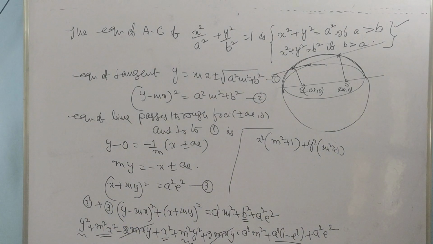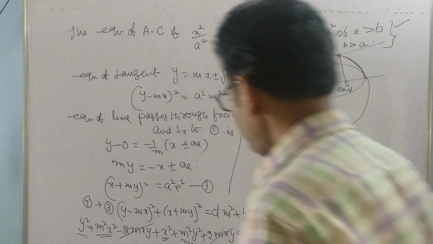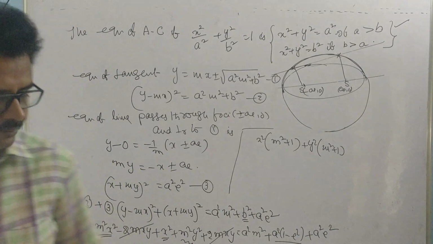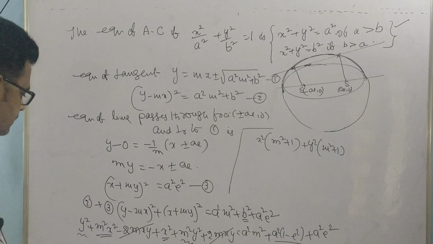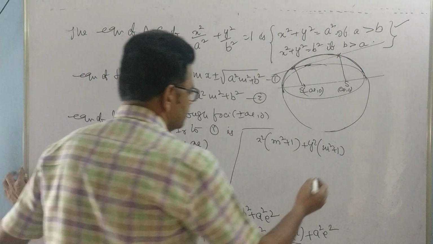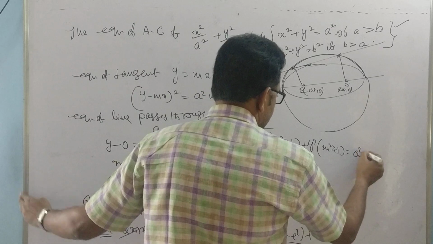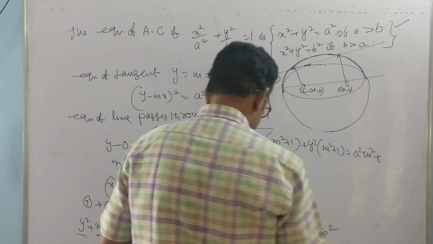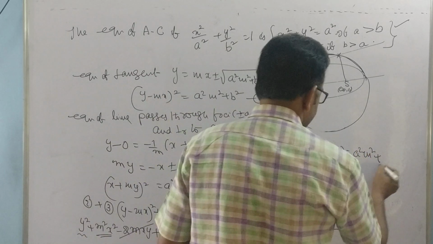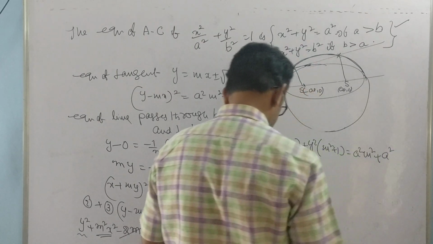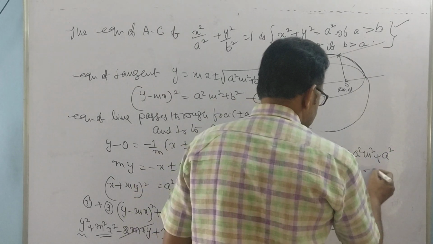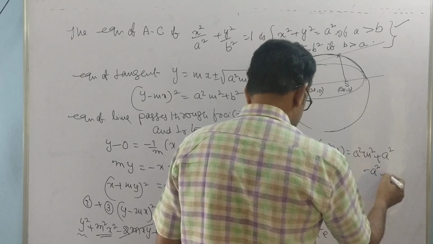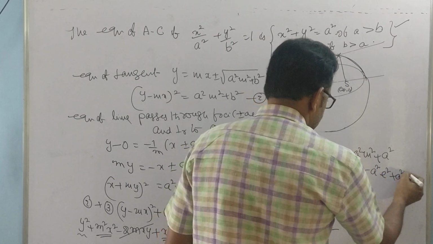So it is equal to a square m square plus a square minus a square e square plus a square e square.